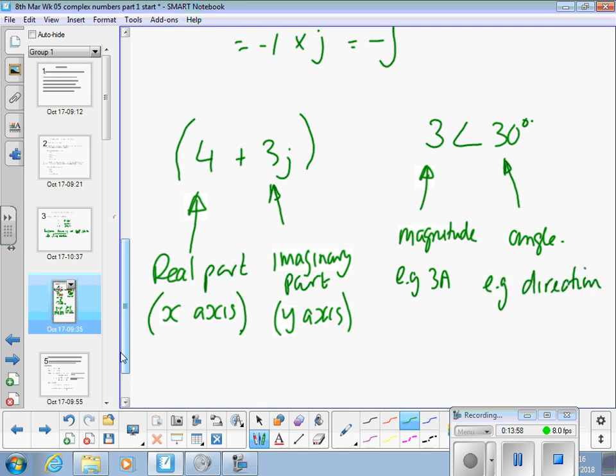Okay. Using those types of numbers makes sense.